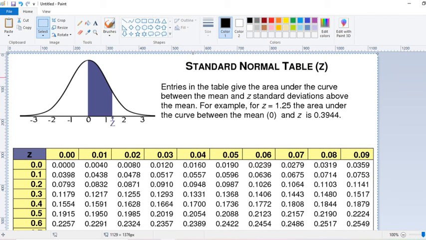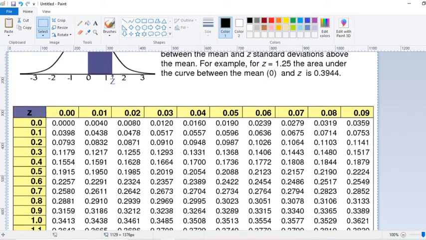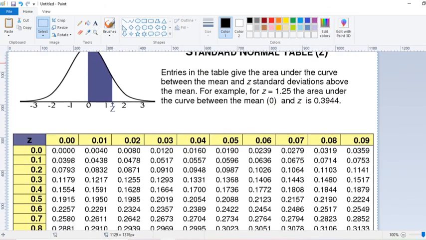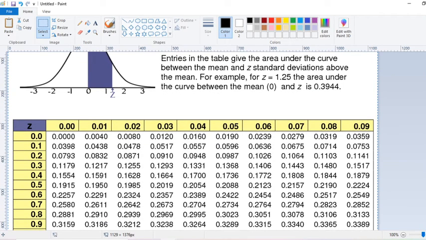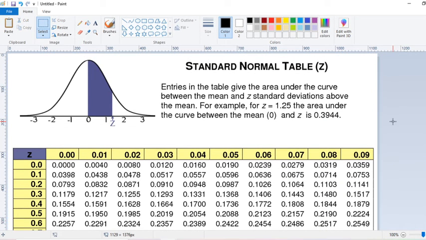Okay, look at this table. You can see that this is corresponding to 0.05. If this region is 0.05, then this remaining green region will have an area.